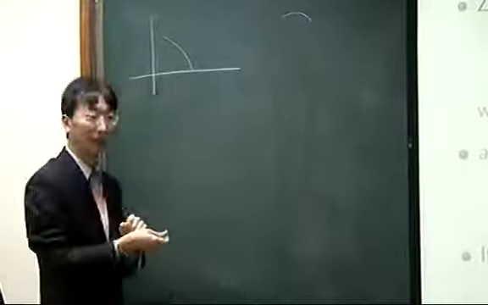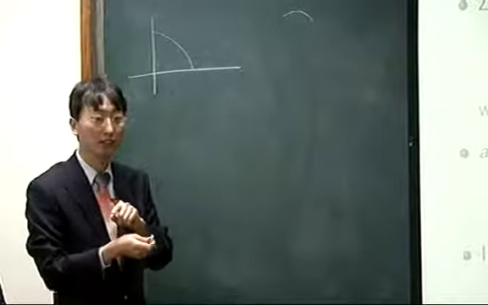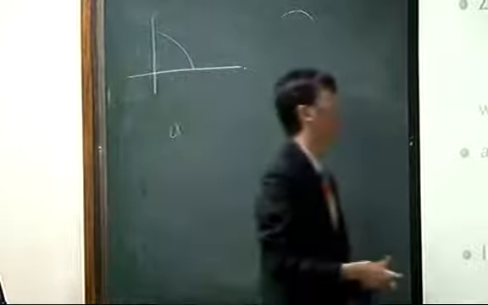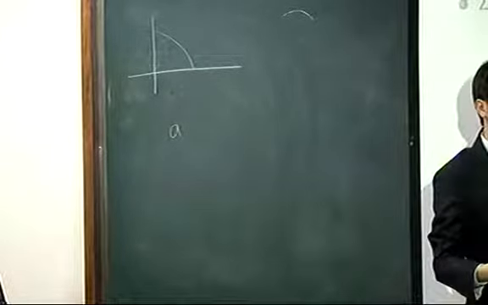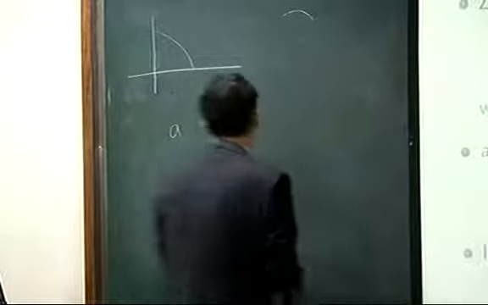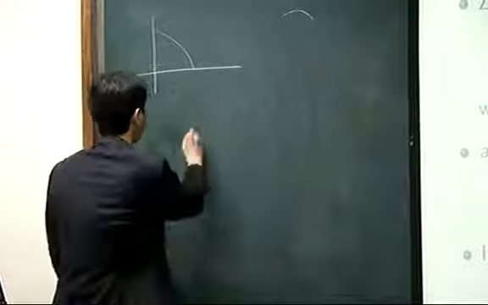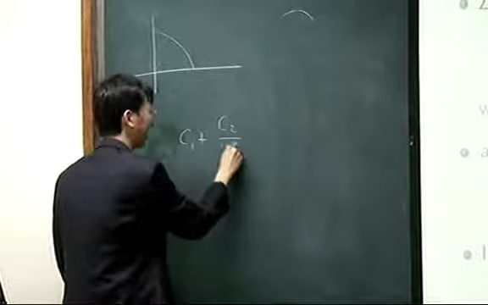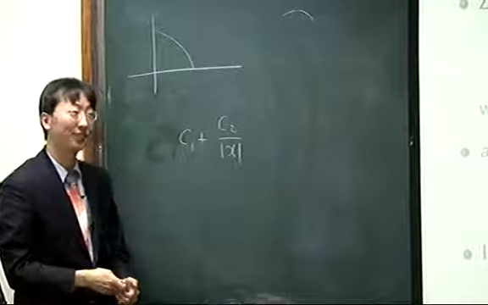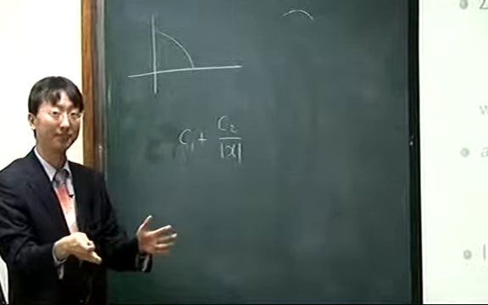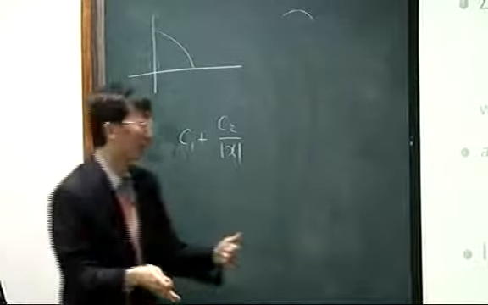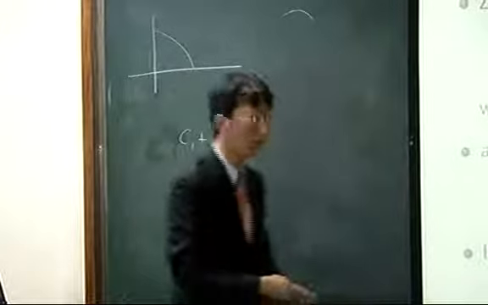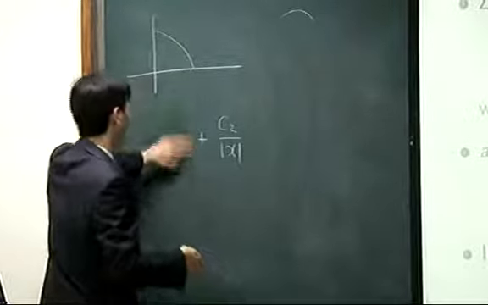One is constant, and the other is 1/r. So every solution for this equation must be of the form C1 plus C2 over absolute value of x, when V is 0. And we have this normalization condition that phi of x is 1 as x approaches infinity. So this C1 must be 1 because of the normalization.